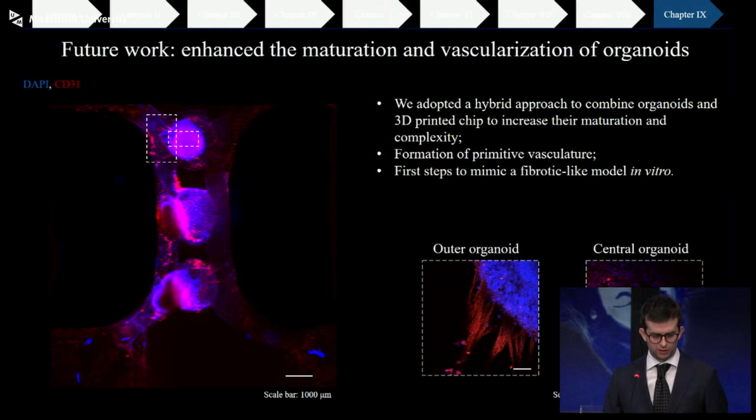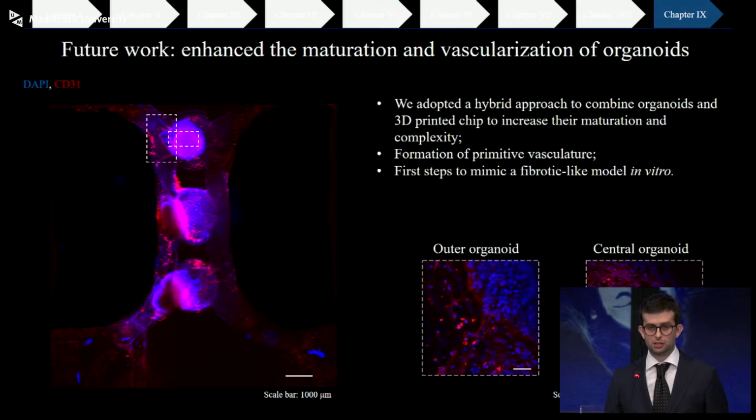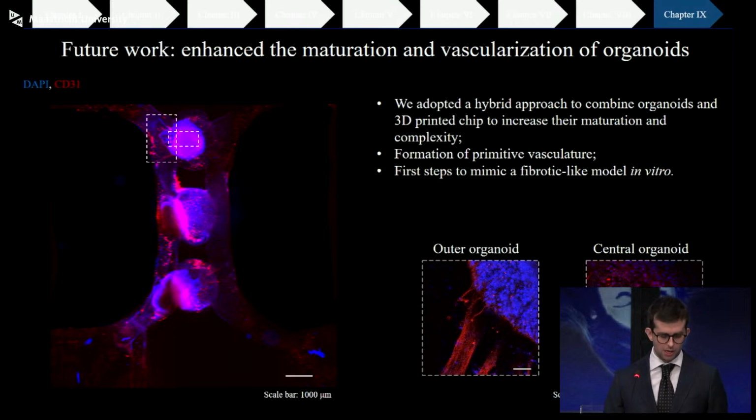Our goal was to really try to combine the organoids with the chip from chapter 6, and also add endothelial cells to the model. This combination actually showed us that we were able to increase the vascularization and also to create simple vasculature. And we believe that these can be really the first steps toward the production of more complex fibrotic-like models in vitro.